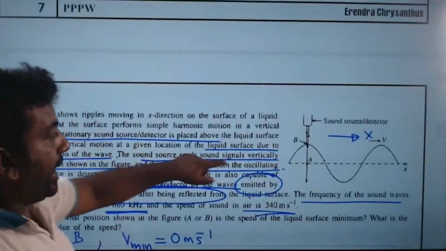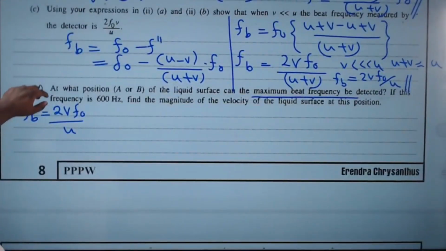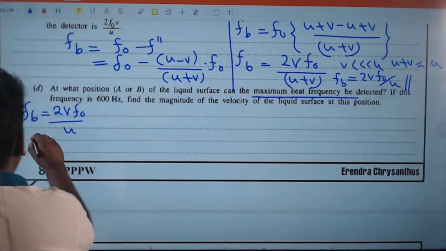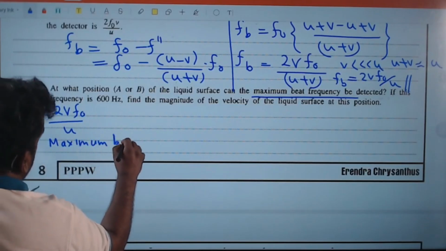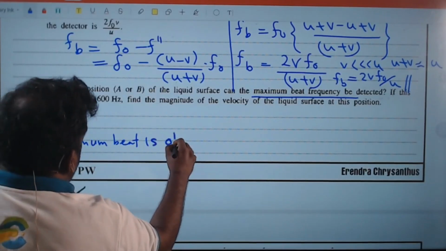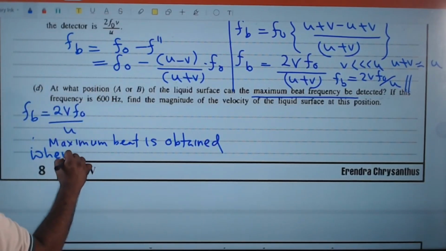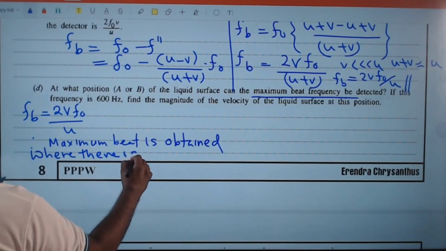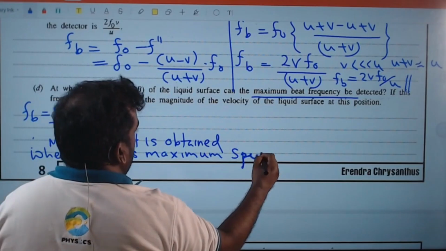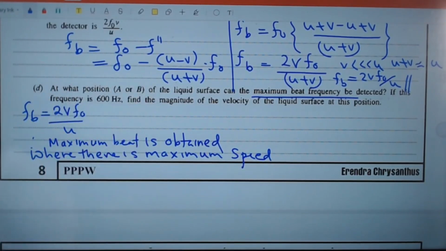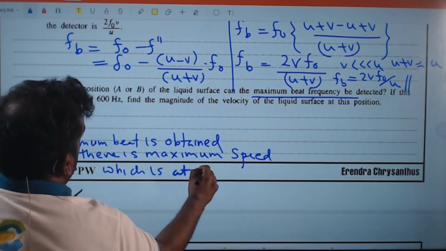Maximum velocity is at A. So the maximum beat is also at A. Therefore, maximum beat is obtained where there is maximum speed, which is at A.